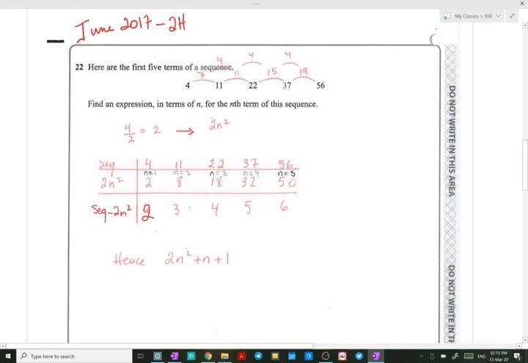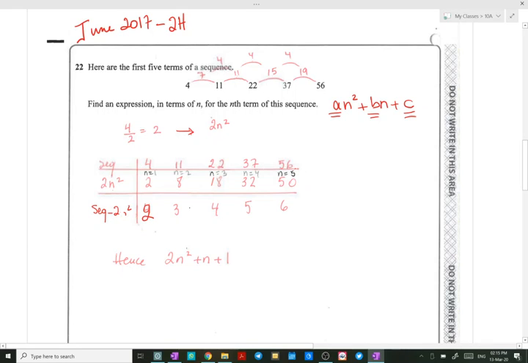We conclude that this is a quadratic sequence, which has a general form of an squared plus bn plus c. Now we're going to find the values of a, b, and c.